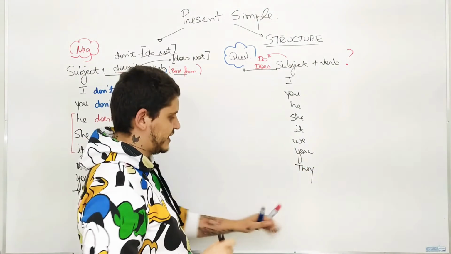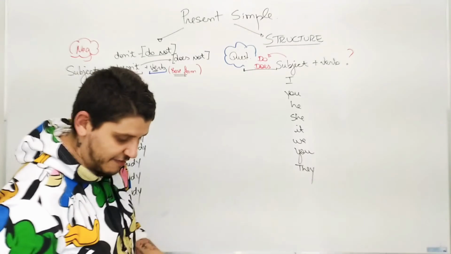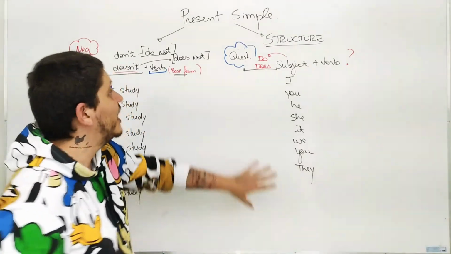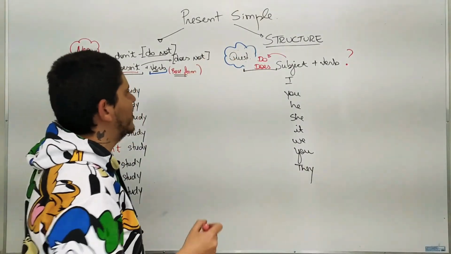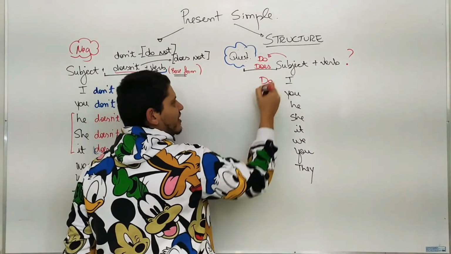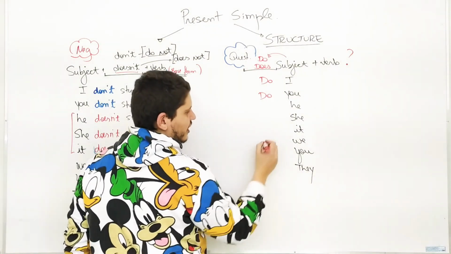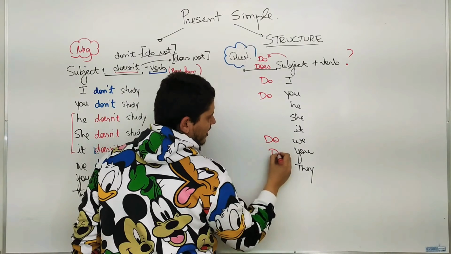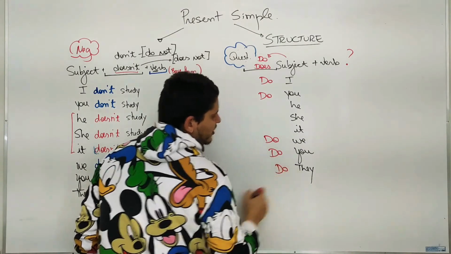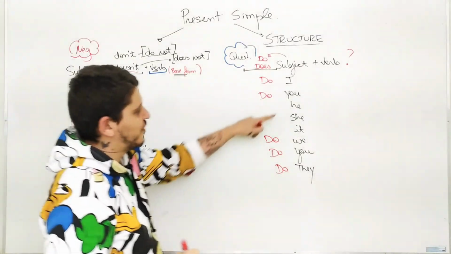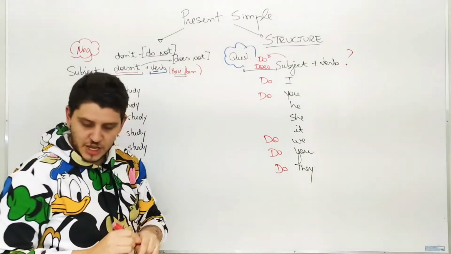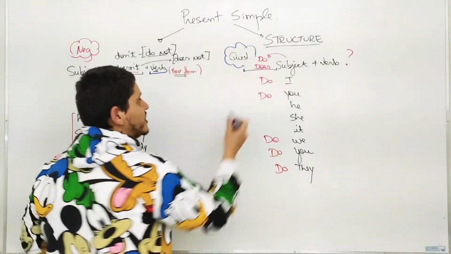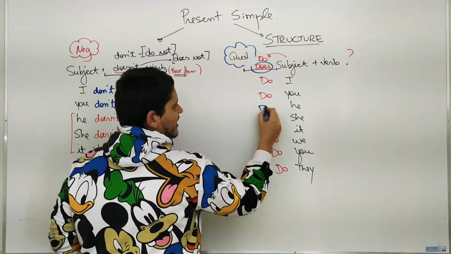They are all subjects. If I want to make a question in English, in the present simple, we will have to say, do I, do you, do we, do you, do they. But for he, she, and it, we don't use do, we use does.